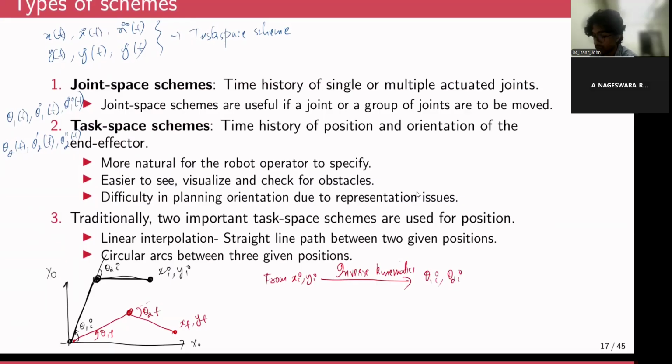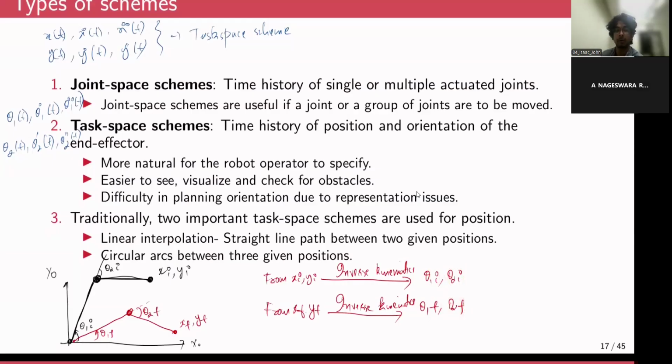And then from the final position xf, yf, you again perform the inverse kinematics, and then you find theta 1f and theta 2f. So now you have the boundary conditions theta 1i and theta 1f for the first joint, and theta 2i and theta 2f for the second joint.